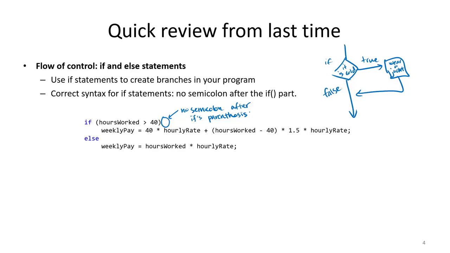So in the case of if statements, the semicolon only goes at the end of each statement enclosed in the if. And remember, if you have multiple statements that need to be protected by an if or an else, then you need to enclose multiple statements in curly braces.